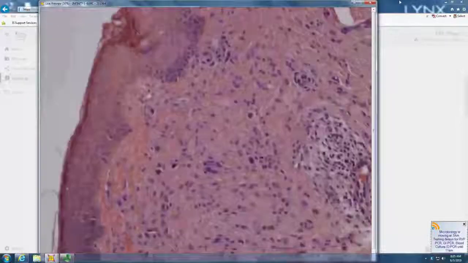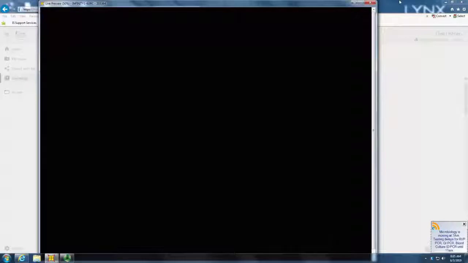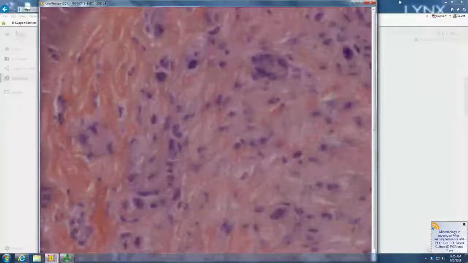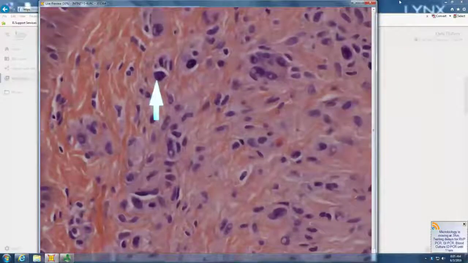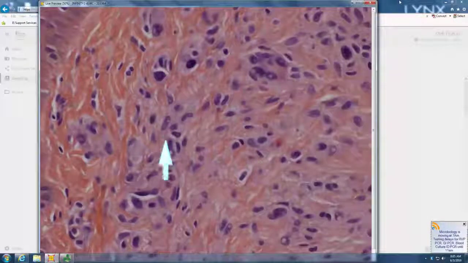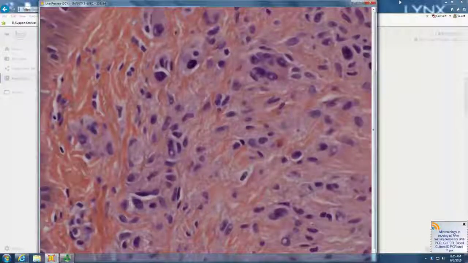Melanocytes. And your nuclei, you certainly have a little bit of pleomorphism. They're larger. They're nuclear pseudo-inclusions.